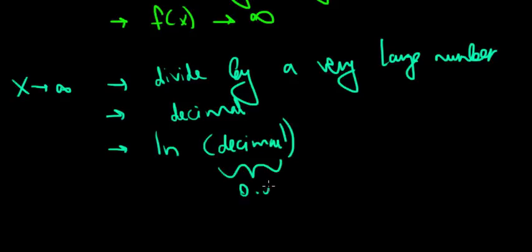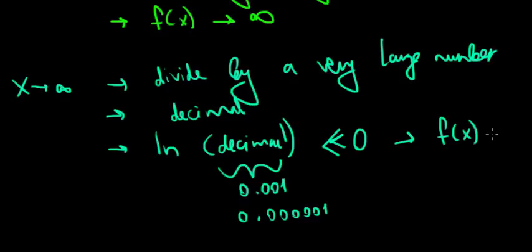Well, it's a negative number. And the smaller the input into our logarithm is, the more decimals we have over here, the more negative our logarithm is going to be. So as a result, the function will approach a very negative number. In other words, it approaches negative infinity.